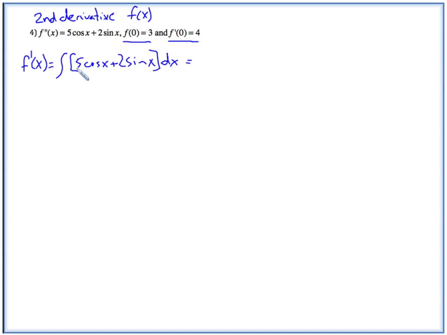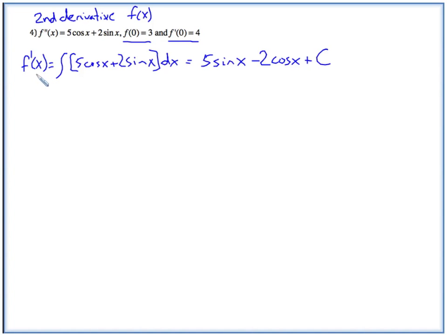If we wanted to do the integral of 5 cosine x, that's going to be 5 sine x, and then the integral of negative 2 sine x is negative 2 cosine x, and then we have that plus c. Now we have to figure out what that plus c is.